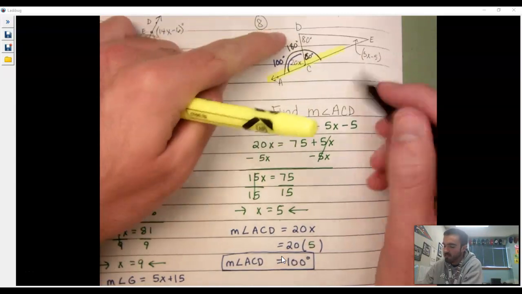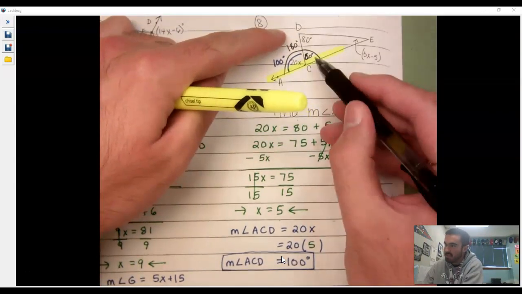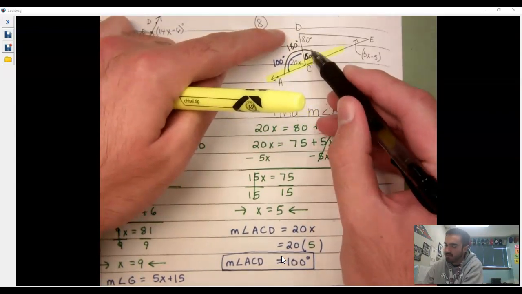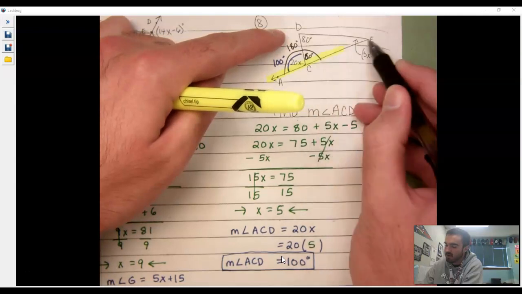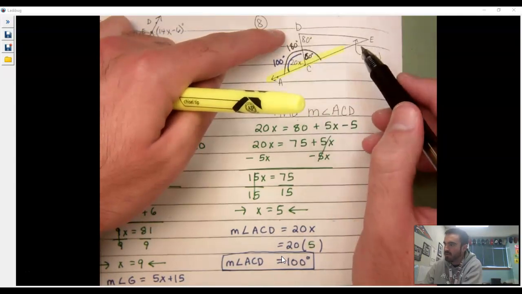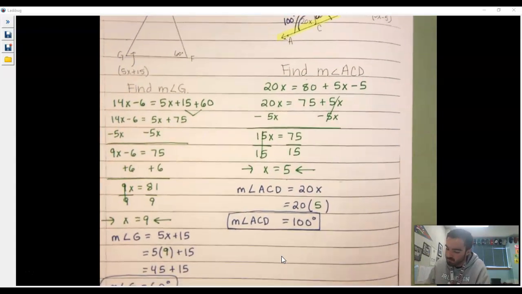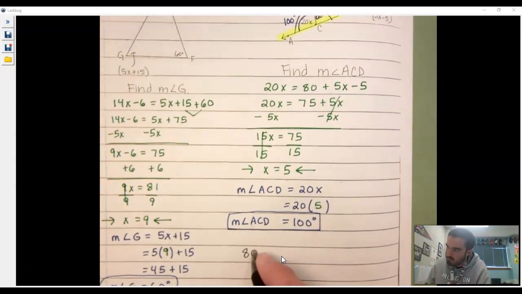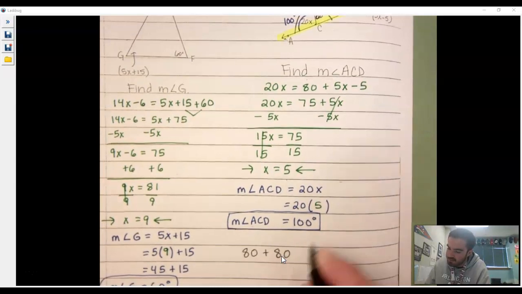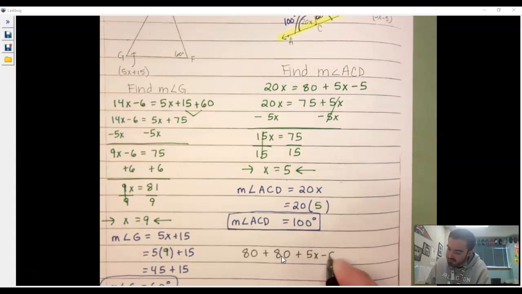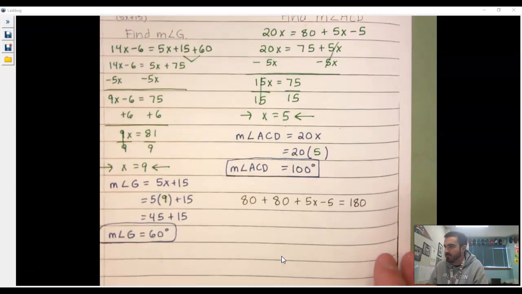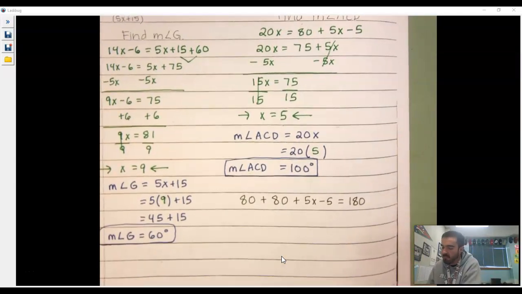So let's check our work. That means that this angle and this angle, since they're all in a triangle, should add up to 180 degrees. So in theory, we would have 80 plus 80 plus 5x minus 5 all equal 180 degrees, because they all are in a triangle. Let's test that theory.